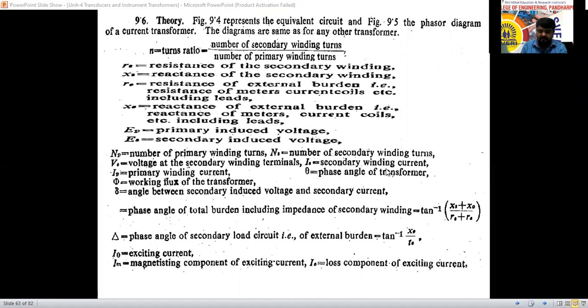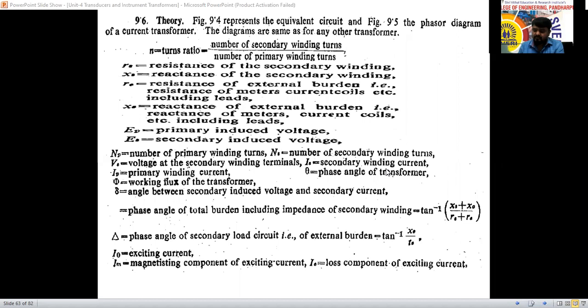Roll number 6, are you there? 7, 8, 9, 10 present.